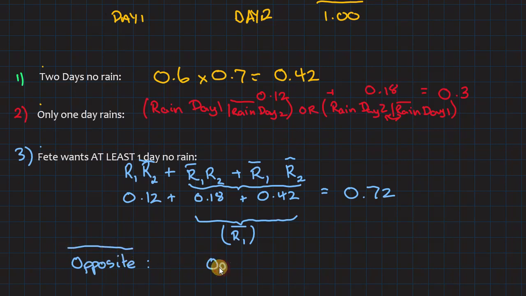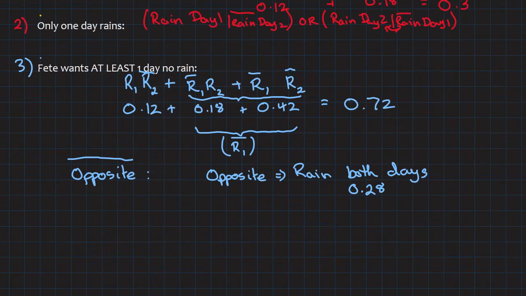So the opposite of my situation is rain both days. And from the top we see that's 0.28. So the not opposite is equal to 1 minus 0.28, which is 0.72.